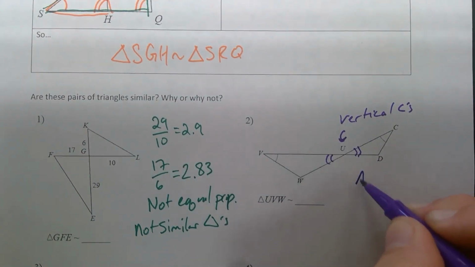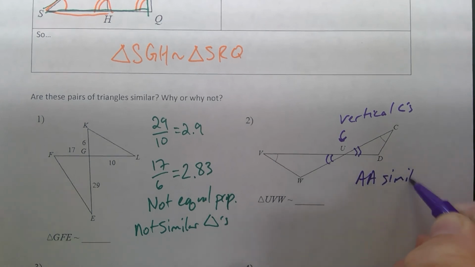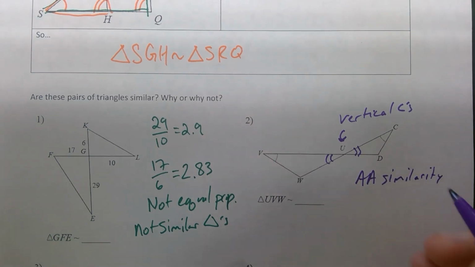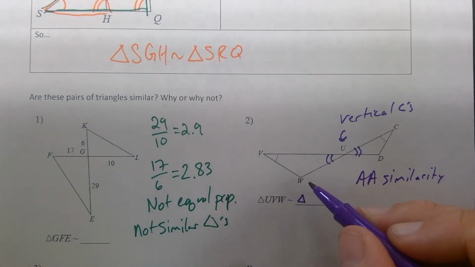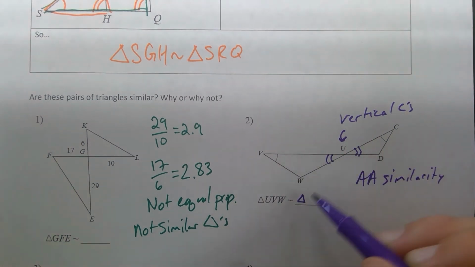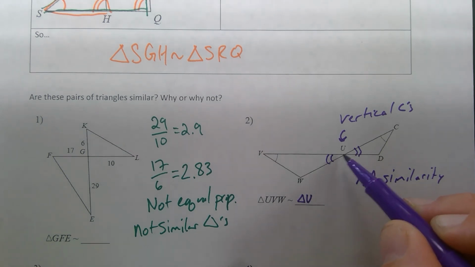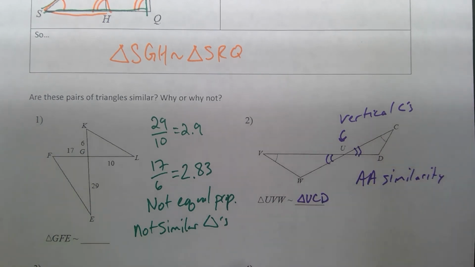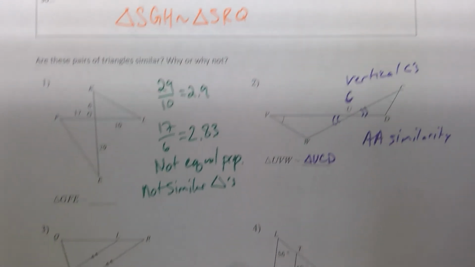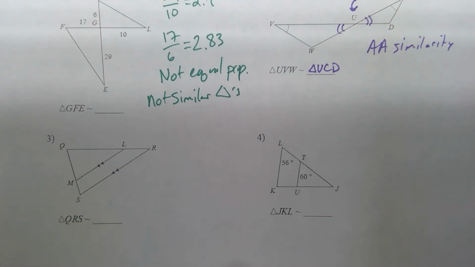So yeah, we have angle similarity. So we have triangle UVW. We want to start at U again. We want to go towards where the V is congruent, so UCD. All right, we'll take a look at two more before we're off to our exit slip.